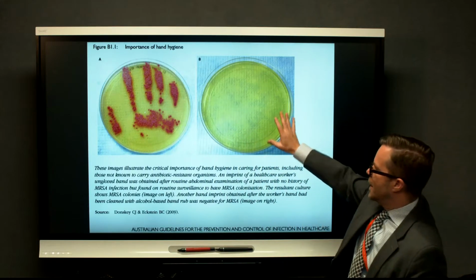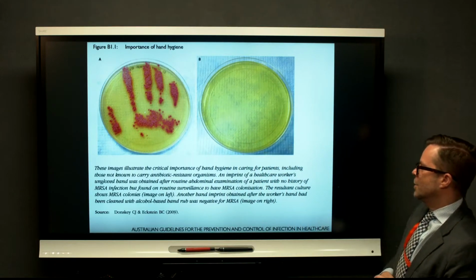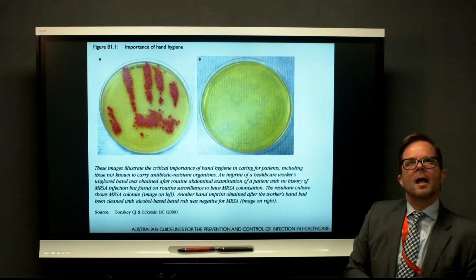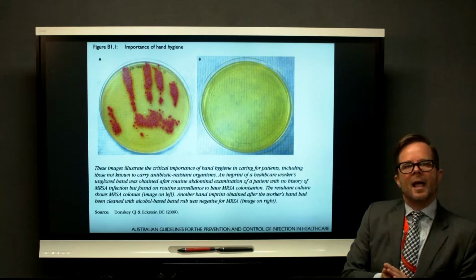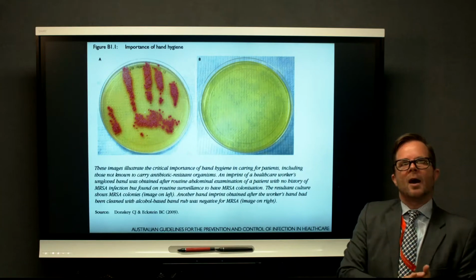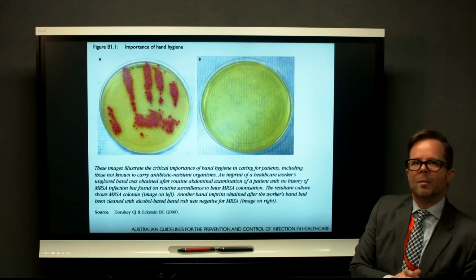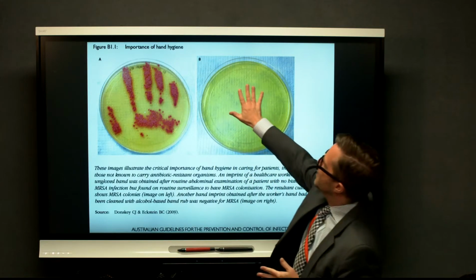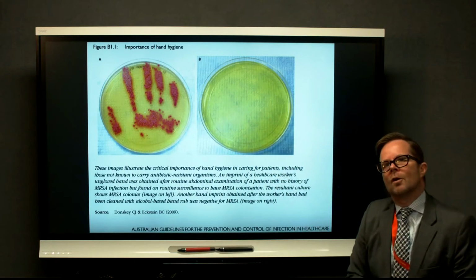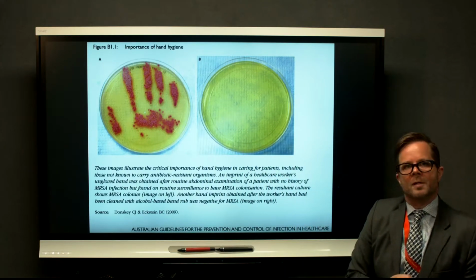On this slide here, you can see another hand imprint after the worker has cleaned their hands effectively with an alcohol-based hand rub. And you can see that there is no growth of those microorganisms on this side.